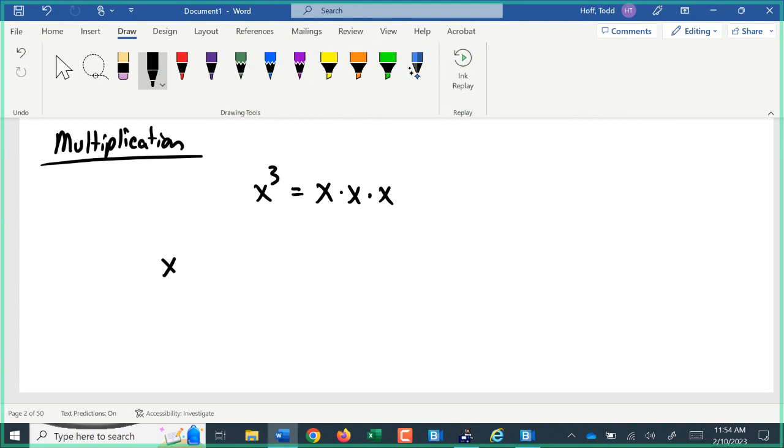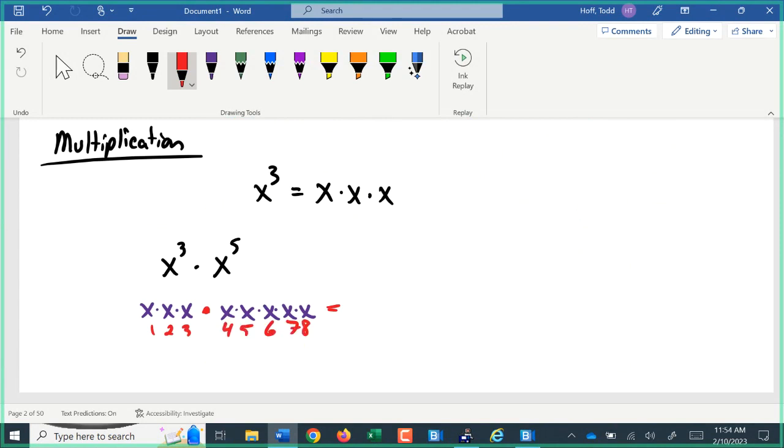So if I had x to the power of 3 times x to the power of 5, x to the third is 3 x's multiplied together. x to the fifth is 5 x's multiplied together. If I multiply those all together, I have 1, 2, 3, 4, 5, 6, 7, 8 x's multiplied together. That's x to the 8th.